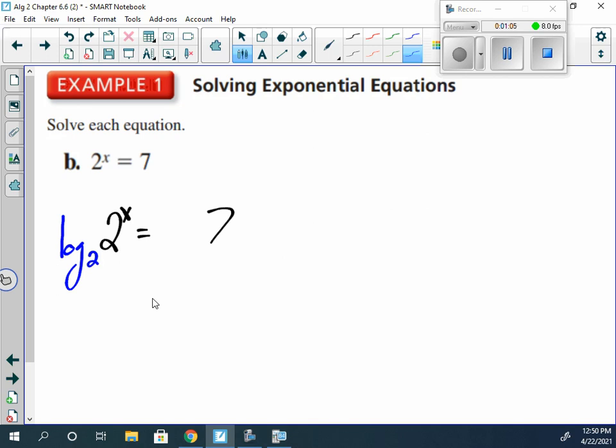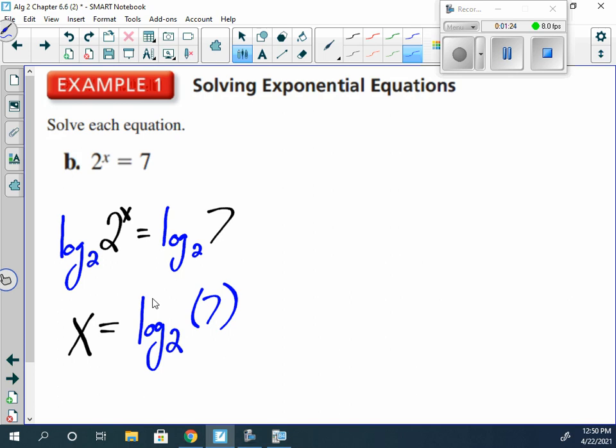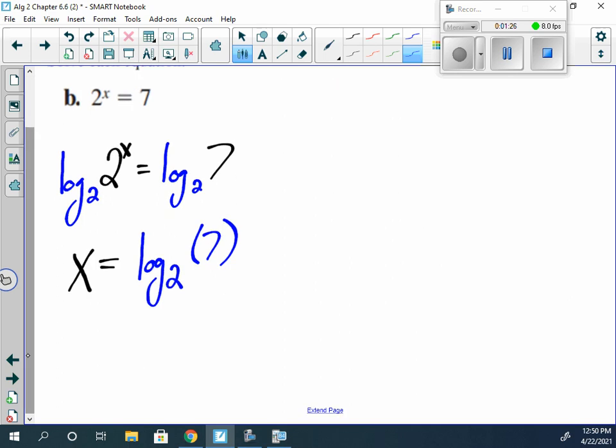So this here, log base 2 of 2 to the x, is just going to be x. But what we do to one side, we have to do to the other. So we have to apply log base 2 to 7, which tells me that x is equal to log base 2 of 7.